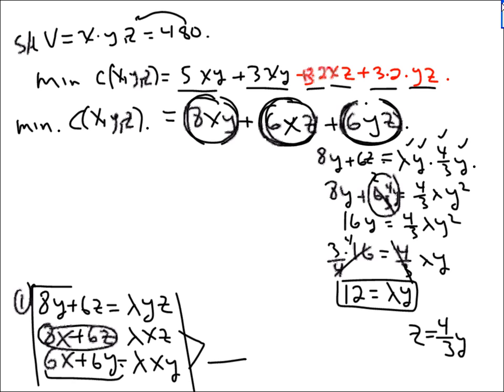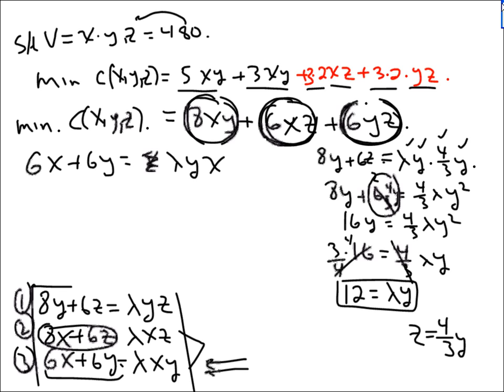Now, using equation number 3, we know that 6x plus 6y is x times lambda y, or lambda y times x. That is 6 times x plus y, this is 12x.